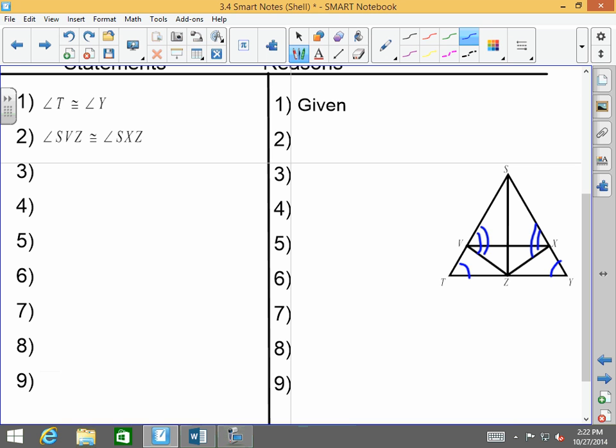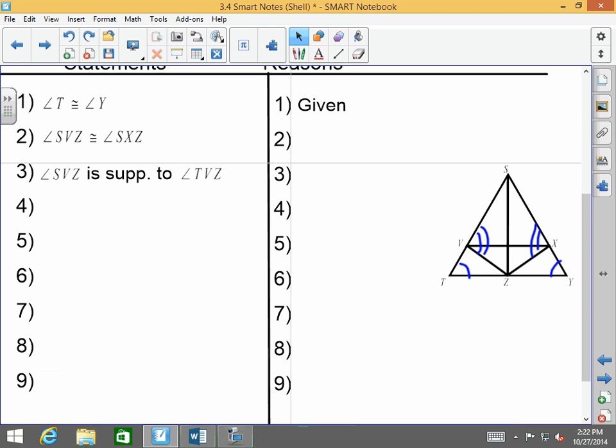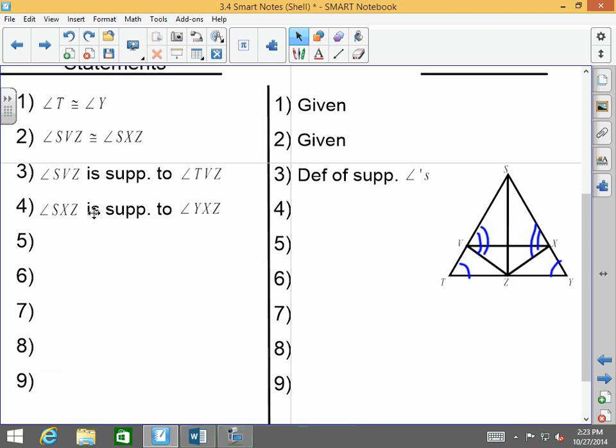Well, this is pretty easy to prove if you really think about this. I know just by looking here, isn't angle SVZ supplementary to angle TVZ? Definition of supplementary angles. And isn't angle SXZ supplementary to YXZ? Supplementary angles. Why did I use that?